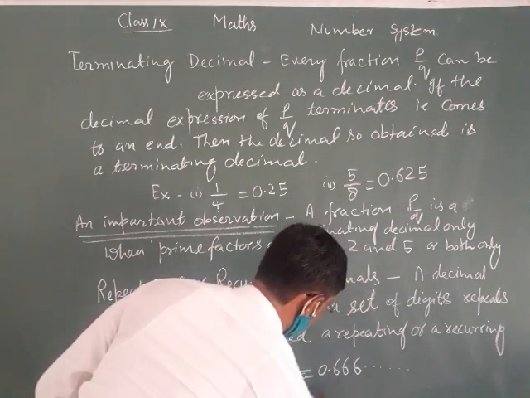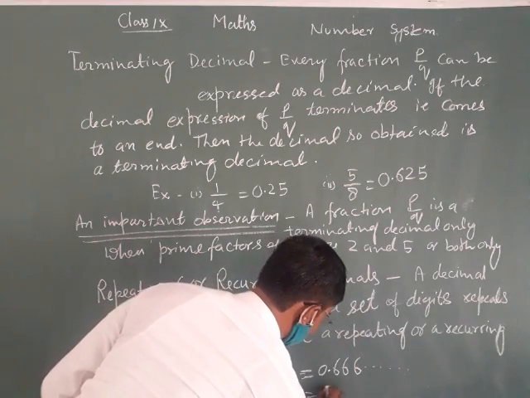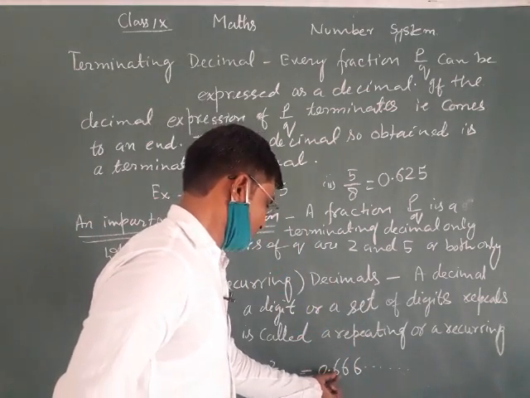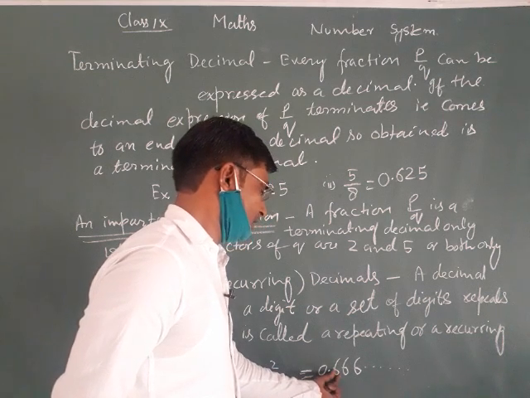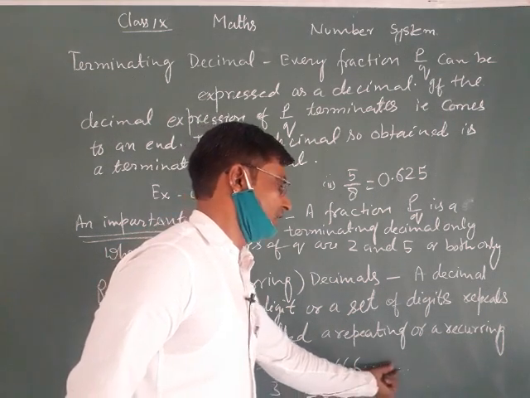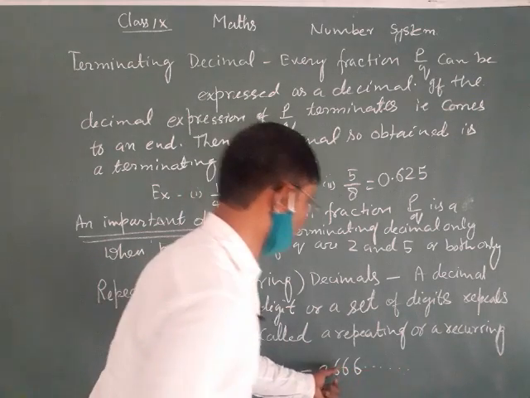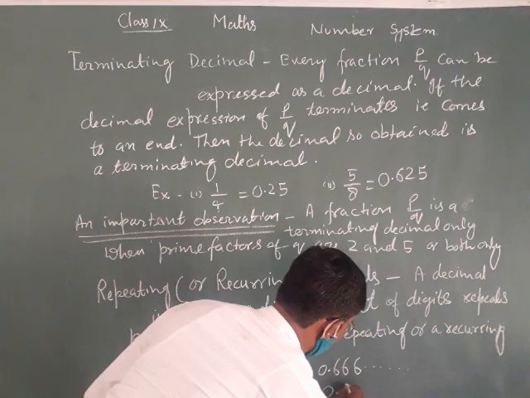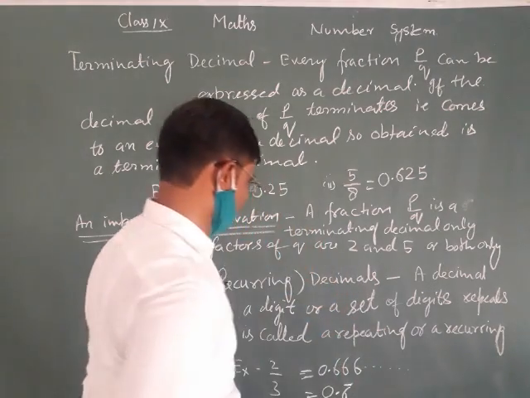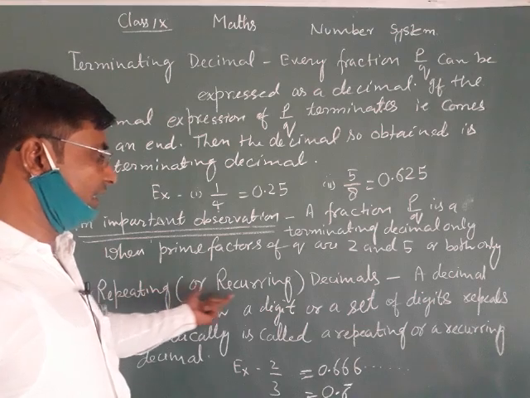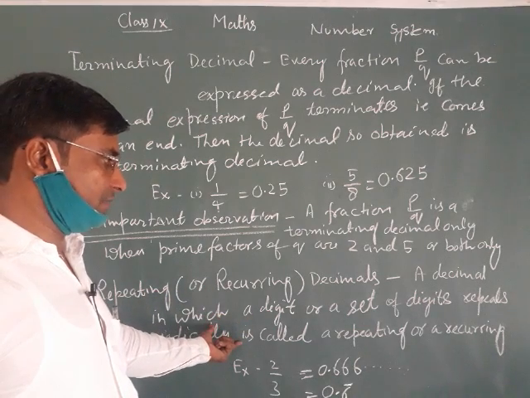So this is 0. first block 6, second block 6, third block 6, and so on. Over the dot, a bar is written to represent this. This is a repeating or recurring decimal expansion.